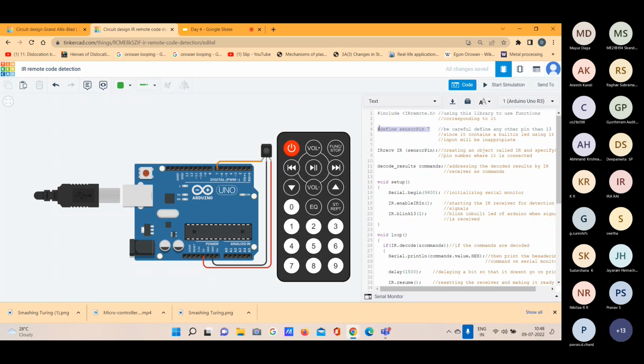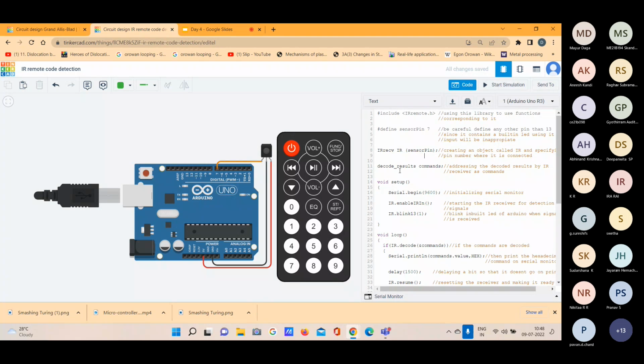This line defines the sensor pin as 7, and this line creates the object for the IR receiver and signifies the pin number to which it is connected.